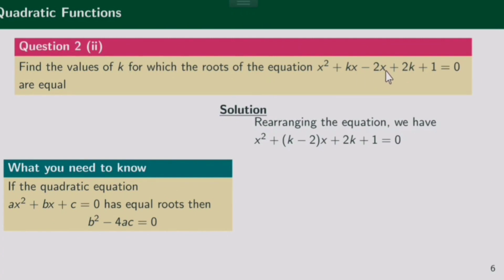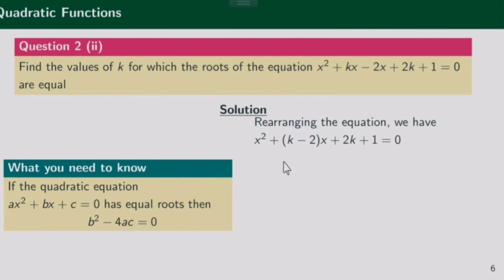If I put x as a factor, the coefficient of x is k in the first term, and the coefficient of x in the second term is negative 2. So I'll have k minus 2 multiplied by x. Then I add 2k plus 1 and equate to 0. Now it is in the standard form of a quadratic equation, where a is 1, b is k minus 2, and c is 2k plus 1.